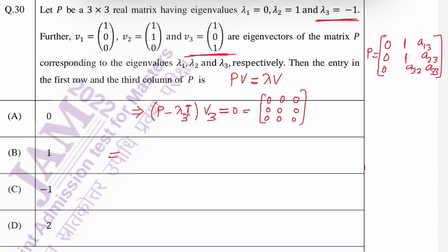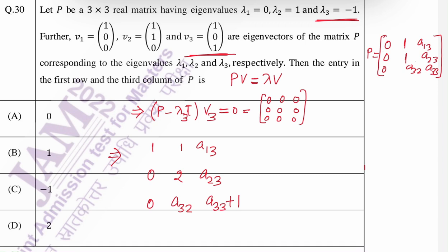so now putting the values, we have here 1, 1, a13, and thereafter 0, 2, a23, and here 0, a32, and here a33 plus 1.